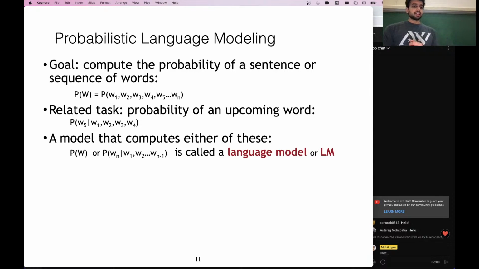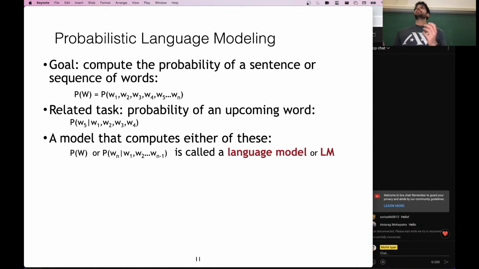However, you could design language models that don't operate by estimating this, but just take into account the probability of strings. One way you could do this, for example, is take every possible string that you observe, every sequence of n words, and count up how frequently that sequence of n words occurs in some data set, and divide over the total number of sequences of n words.